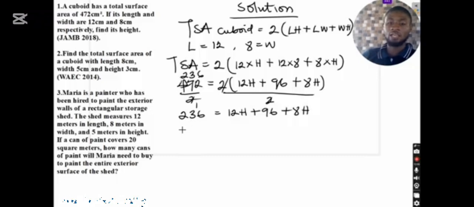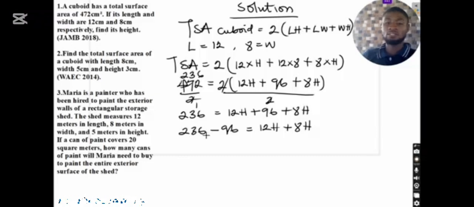Collect like terms. 236 minus 96 is equal to 12H plus 8H. So 236 minus 96, 6 minus 6 goes 30 remains 60. So I will have 140 left equal to 12H plus 8H will be 20H.